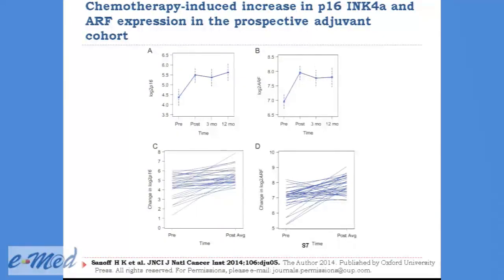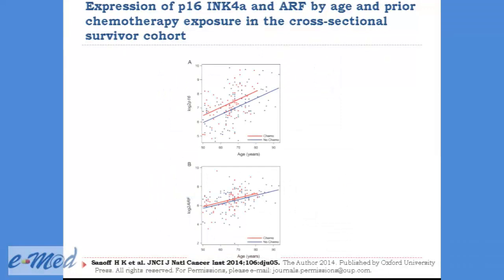We can see that in patients treated with chemotherapy, there is a significant elevation of these proteins, showing the senescence process is going on. If we compare the normal population to people who were treated with chemotherapy, you can see that the senescence markers are much, much higher in patients treated with chemotherapy.